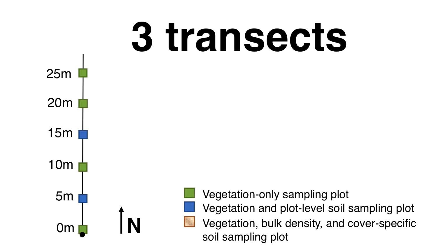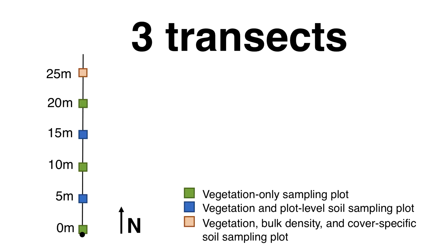So in total, there will be 3 transects where there's vegetation sampling and plot level sampling. So here we have the green squares are for the vegetation only sampling plots, and the blue squares are the plots where there will be vegetation sampling and plot level soil sampling. There will be 3 other transects where we add a plot where there's cover-specific soil sampling.